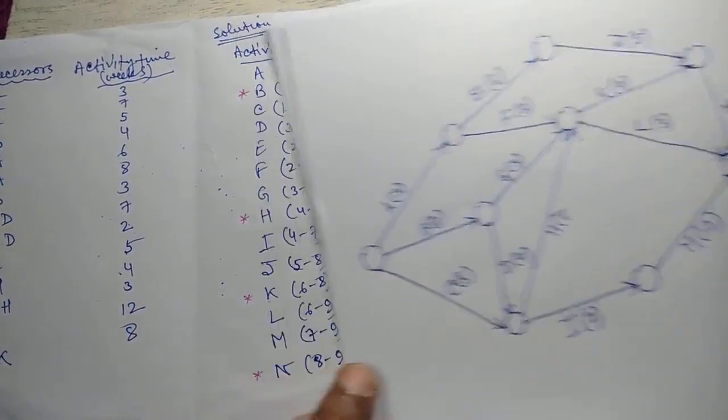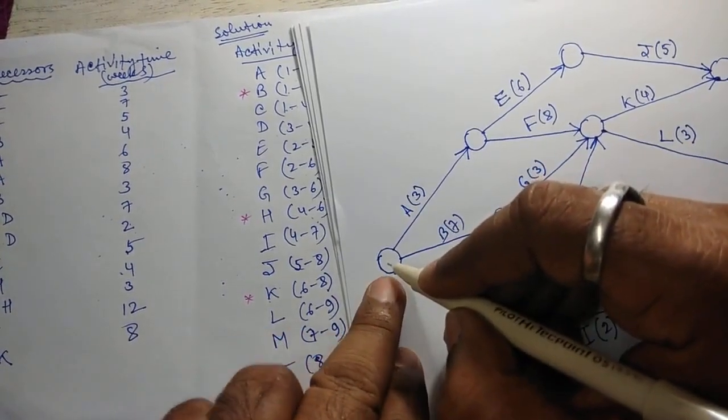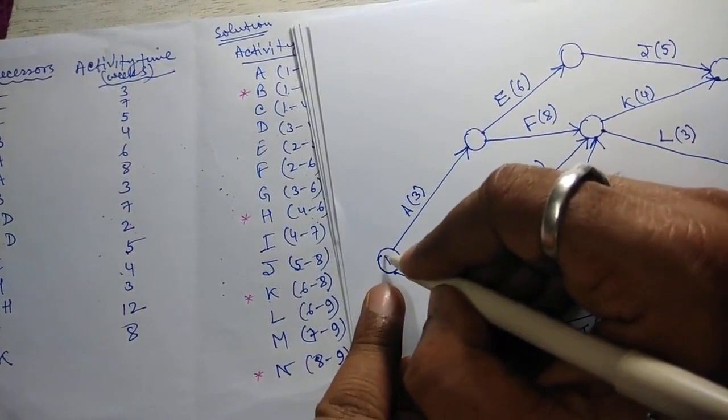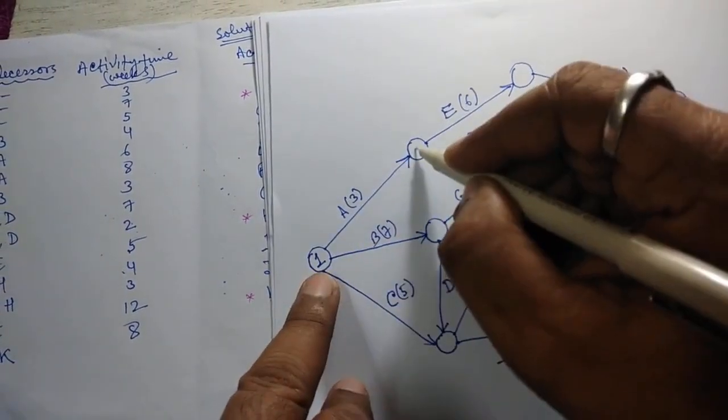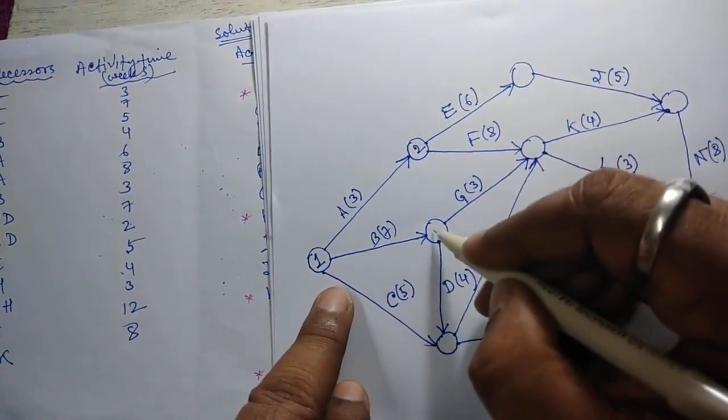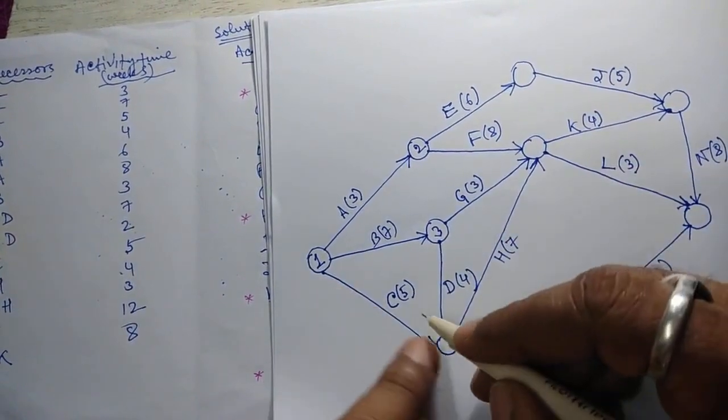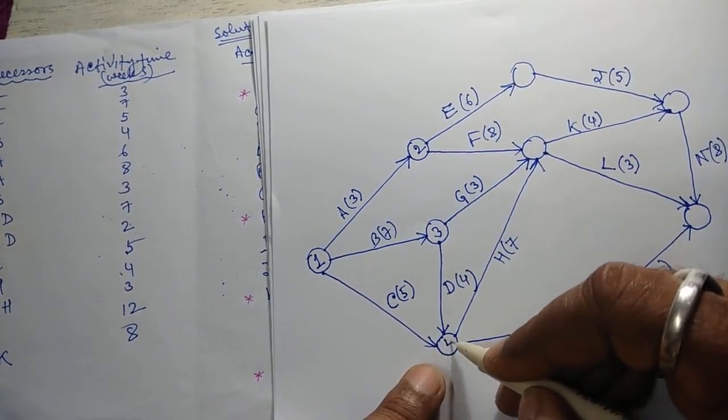Now it is the starting node. So here we write 1. Next for A 2, for B 3, for C 4.